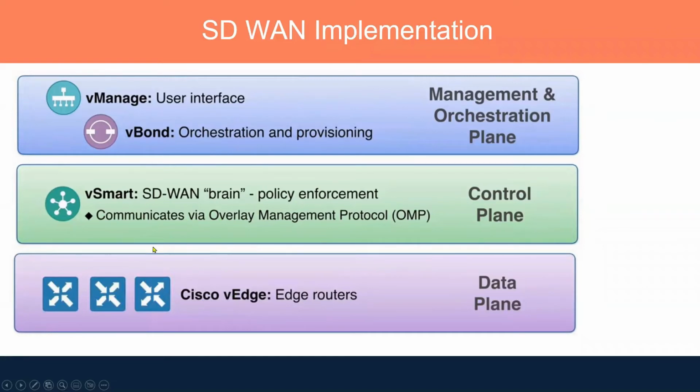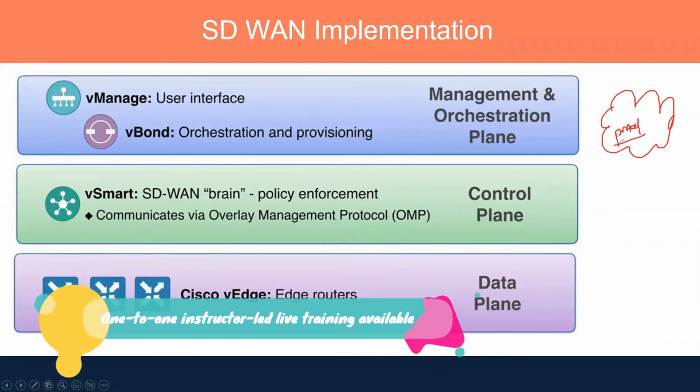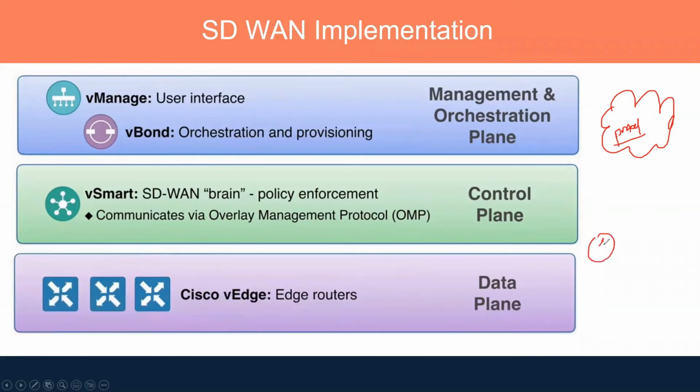Okay, so basically you would have some centralized portal. Let's say this is a centralized portal, and through this centralized portal you can create the policy and push the policy to the end device, which is the edge device.